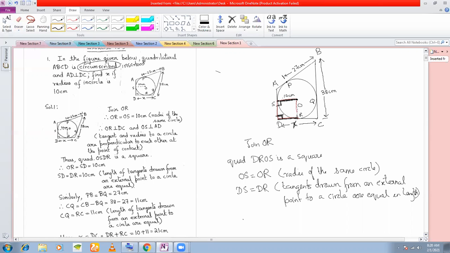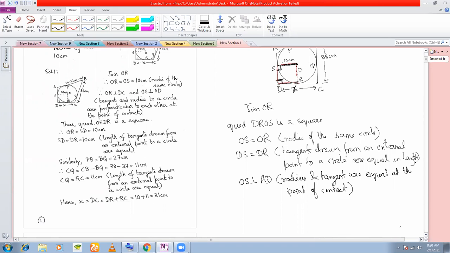So what you say here is that OS is perpendicular to AD because radius and tangent are perpendicular at the point of contact. Okay, so these two are perpendicular.